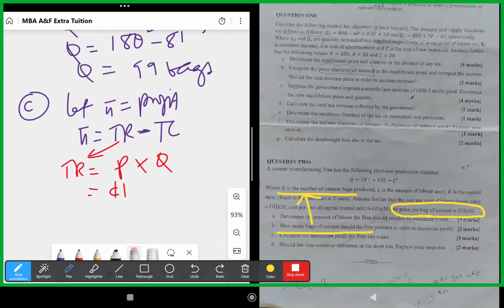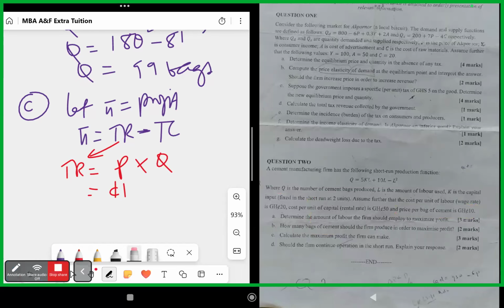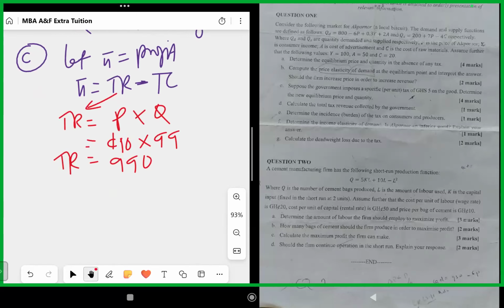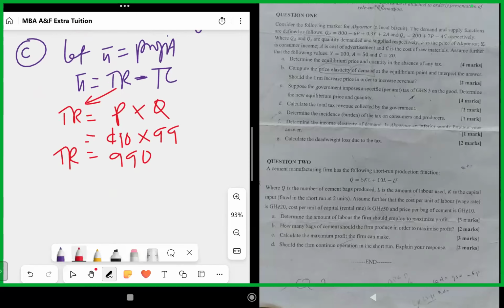So 10 times 99. What would be our total revenue? 990. All right. So having found the value of total revenue, we'll now look for total cost.